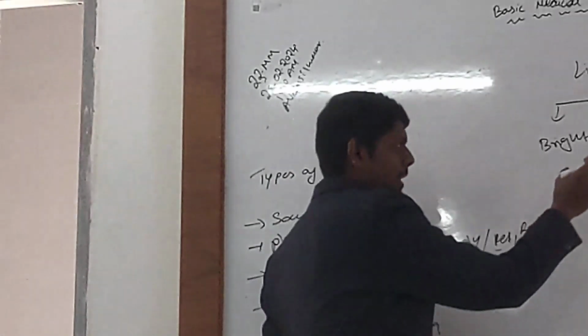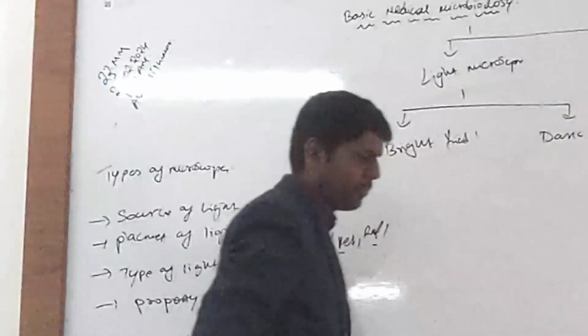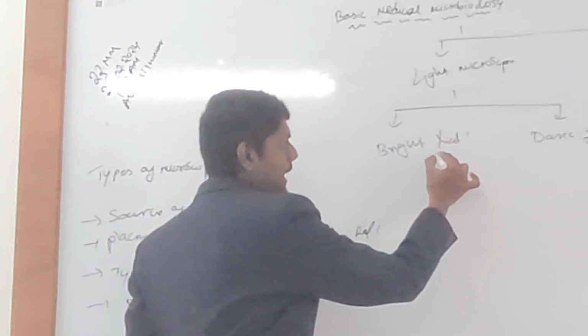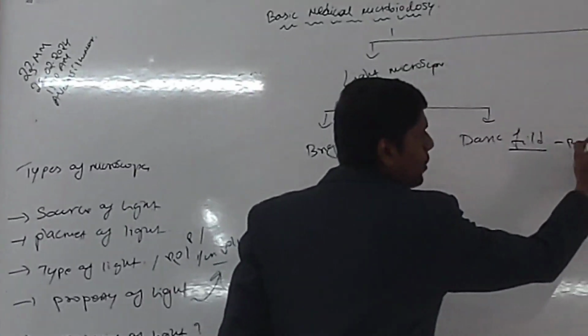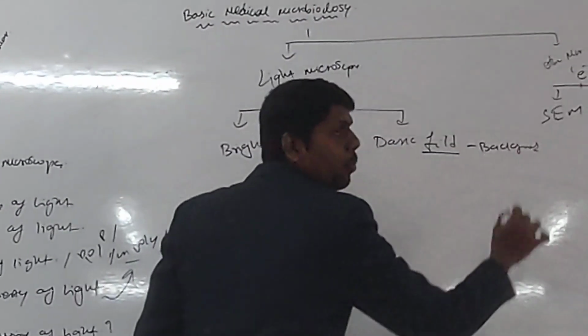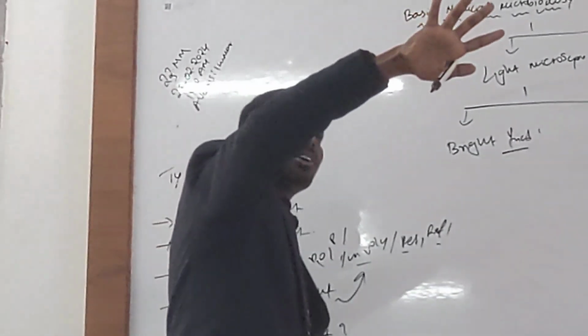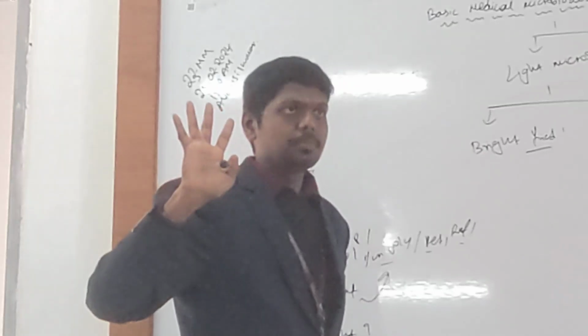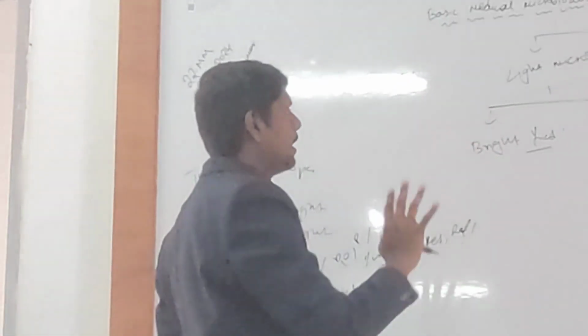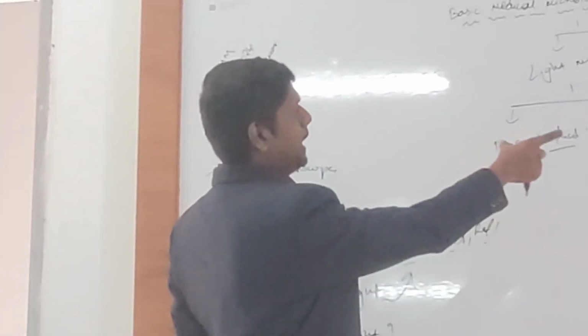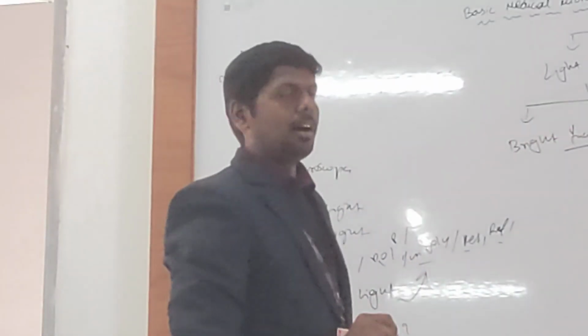Listen students, the major difference between bright field and dark field is the meaning of field. Field means background. What background are we using? Is our background a bright background or a dark background? Based on that, we classify light microscopes into bright and dark.